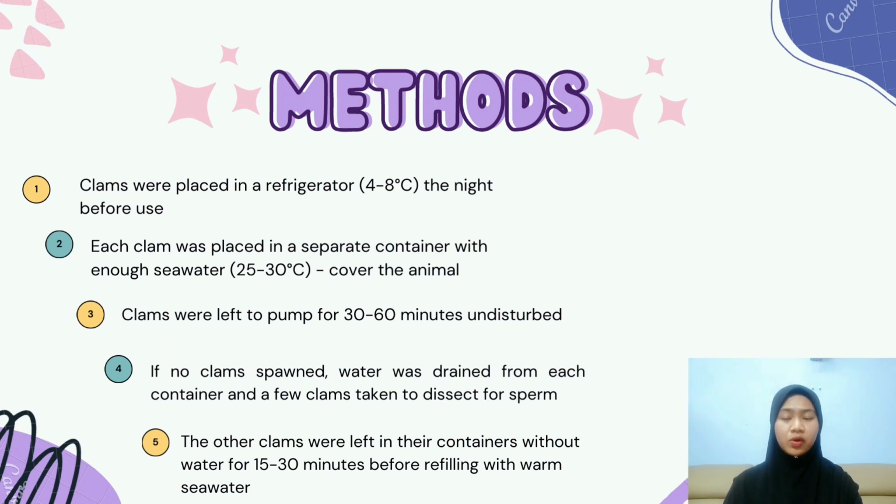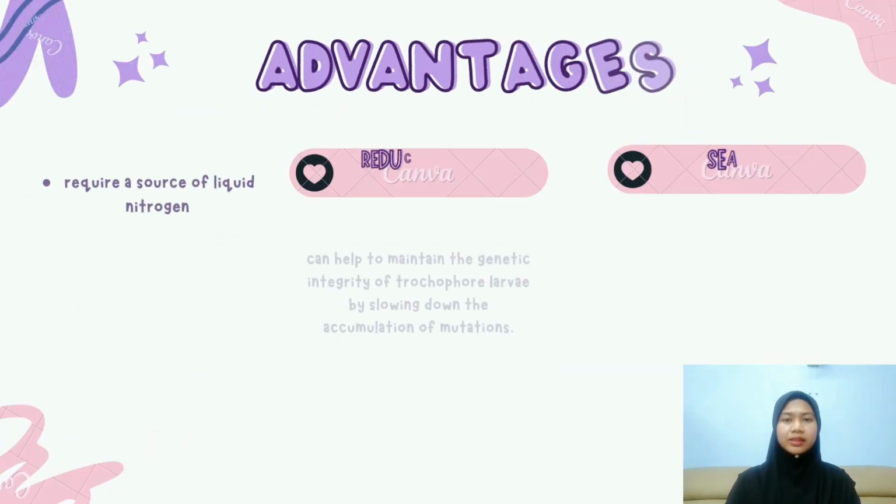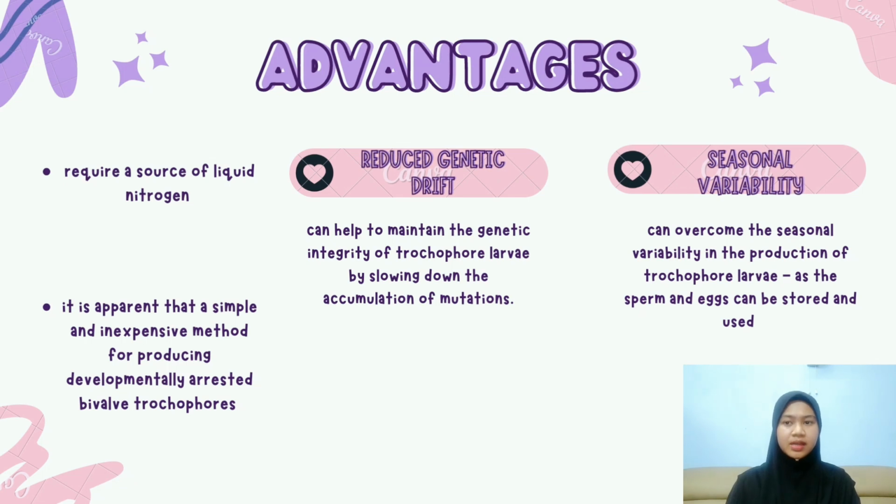If no clams spawned, water was drained from each container and a few clams were taken to dissect for sperm. Lastly, the other clams were left in their containers without water for 15 to 30 minutes before refilling with warm seawater. Okay, we go to the advantages.